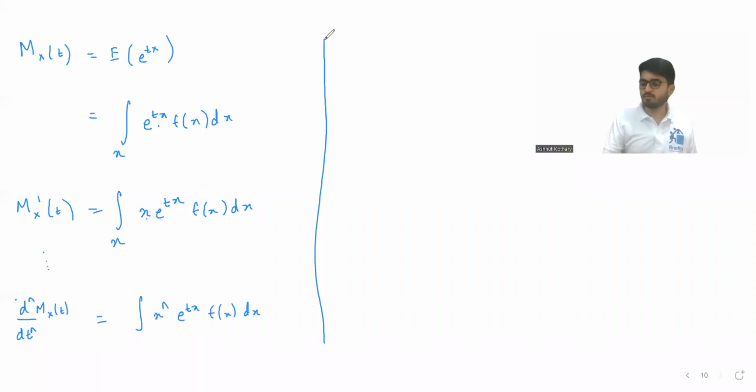And now if I evaluate this at the point 0, e to the power tx becomes e to the power 0, which is 1.